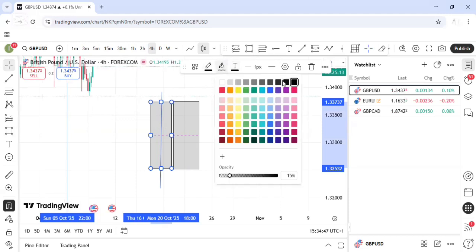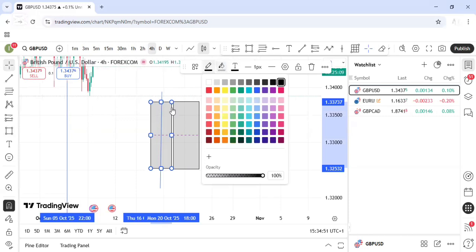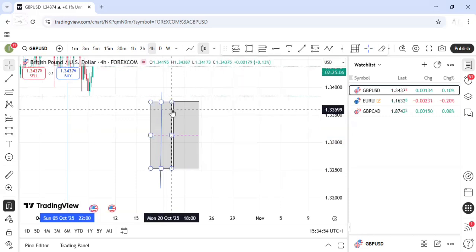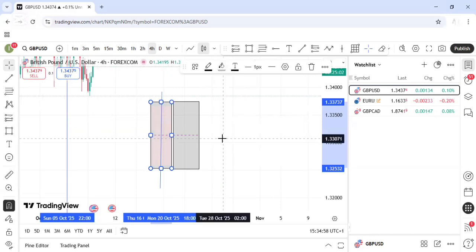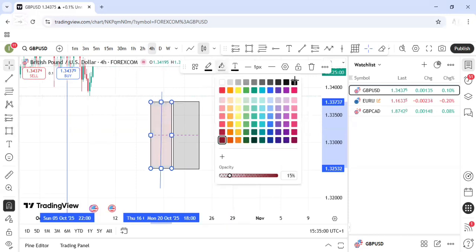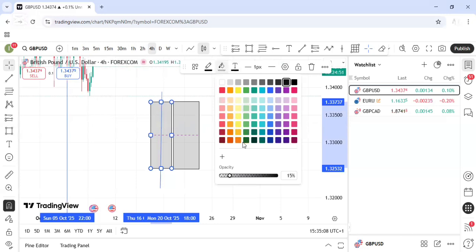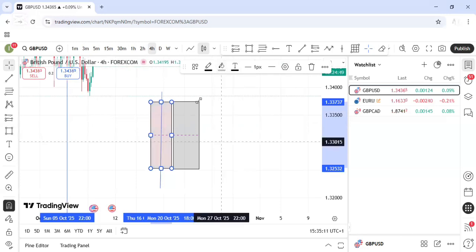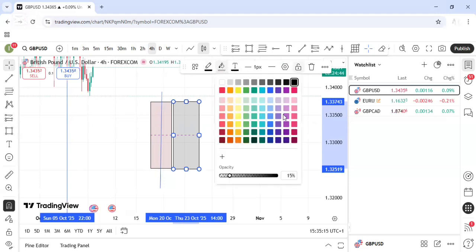I wanted to use black, but it's not changing, so let's just use a dark color, and then we use a light color for this one, something like yellow.